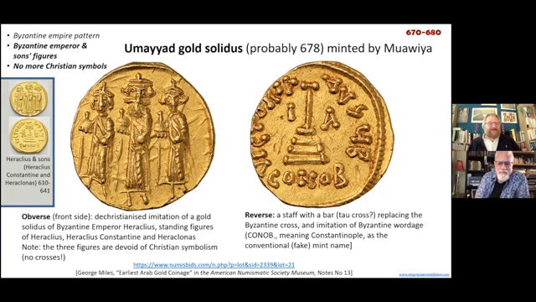And really it shows that Muawiyah mocks the Byzantine emperor, mocks the Byzantine Empire itself, and tries to say, I am my own ruler. I don't abide by your Christian views anymore.